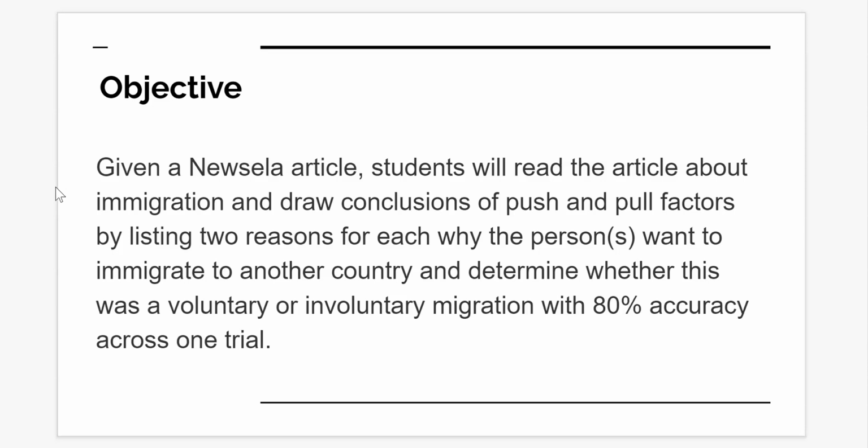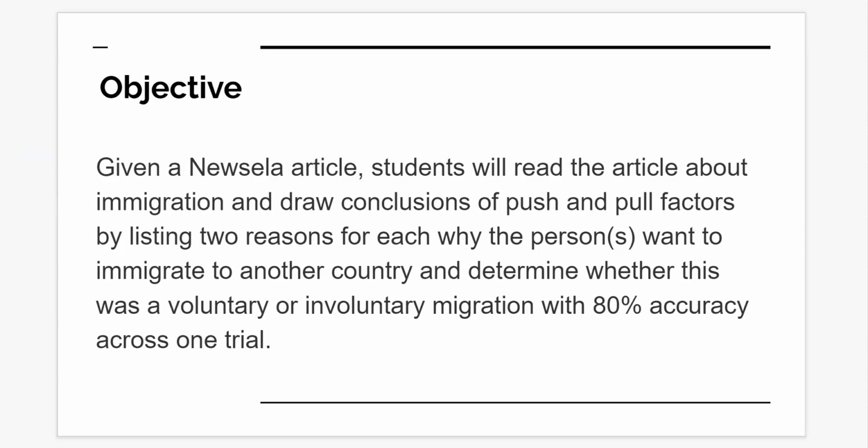Students will read the article about immigration and draw conclusions of push and pull factors by listing two reasons for each why the person or persons want to immigrate to another country, and determine whether this was a voluntary or an involuntary migration with 80% accuracy across one trial.